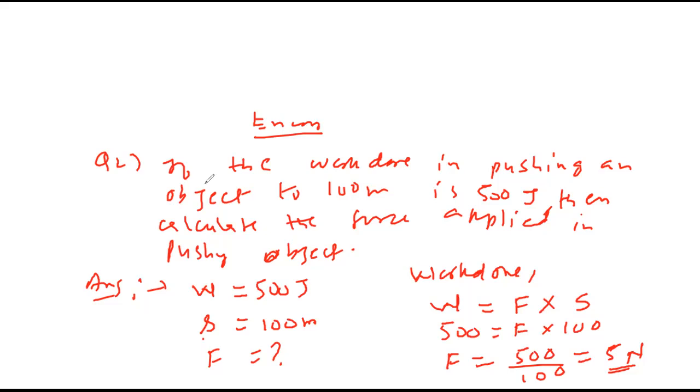What is energy? Capacity to do work is called energy. What is the SI unit of energy? Joule. All of you tell me now, what is the definition of energy?